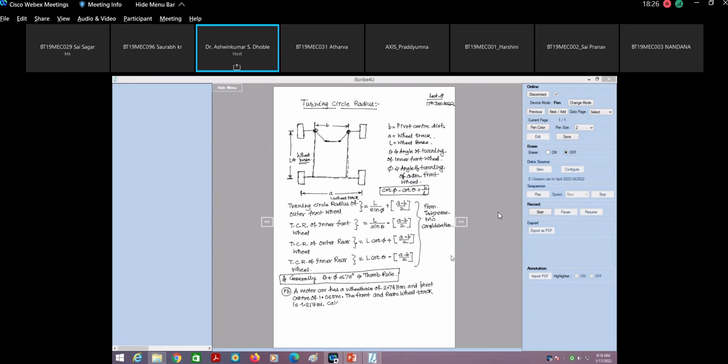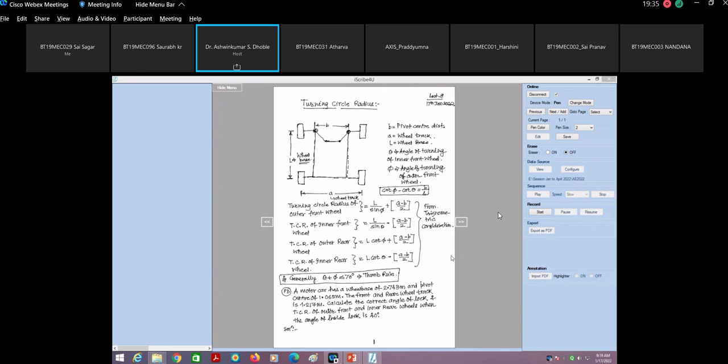Calculate the correct angle of lock and turning circle radius of the outer front and inner rear wheels when the angle of inside lock is 40 degrees.